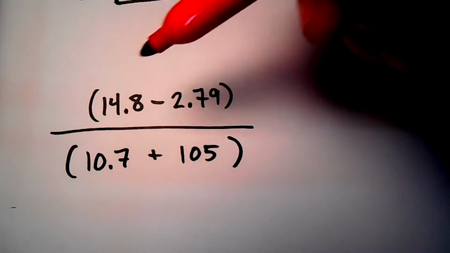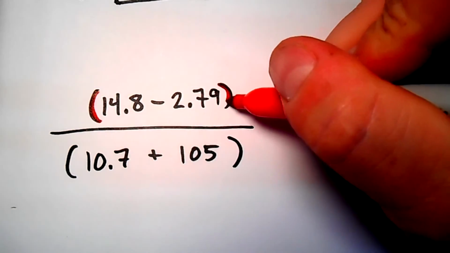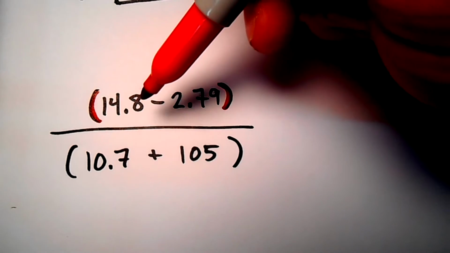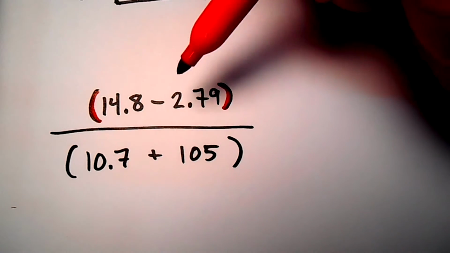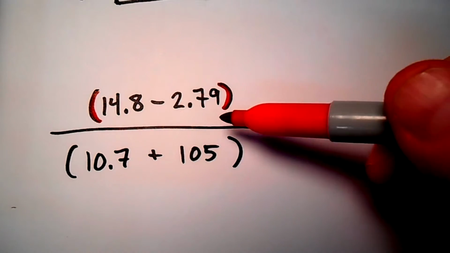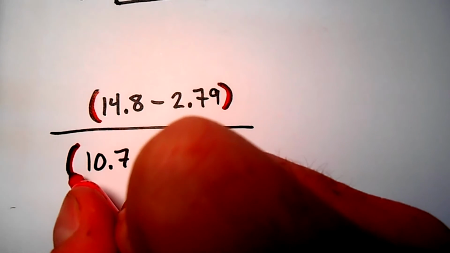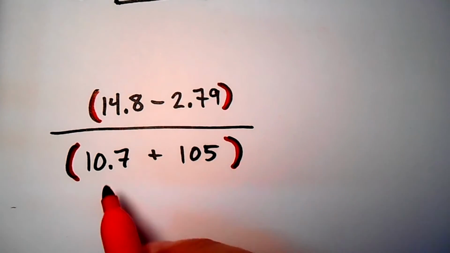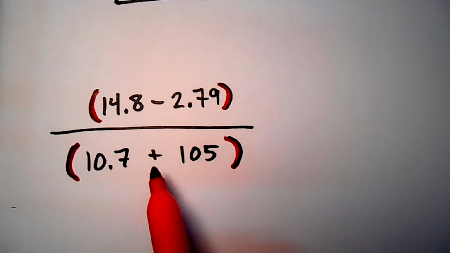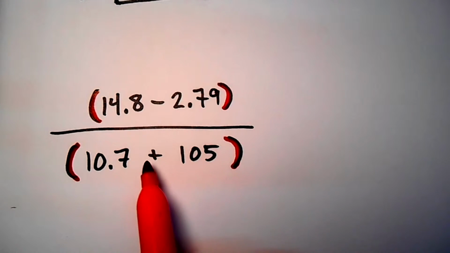So what I'm going to do is treat this quantity here, this subtraction problem, as a separate problem, and I am going to have to round the raw answer before I divide it by whatever this down here ends up being. This denominator position, where I'm just adding these two values together, I'm going to do this first because of order of operations, and that's going to be the addition subtraction type of rule system.